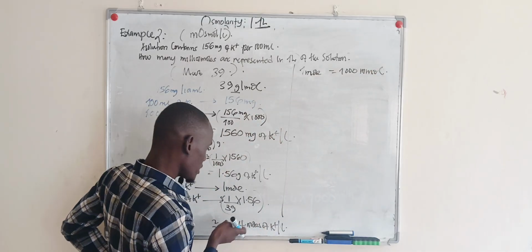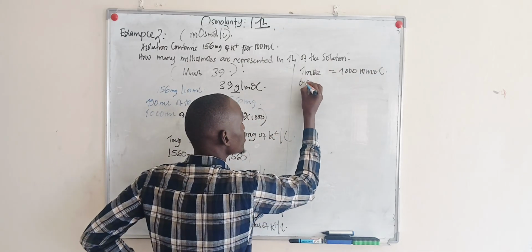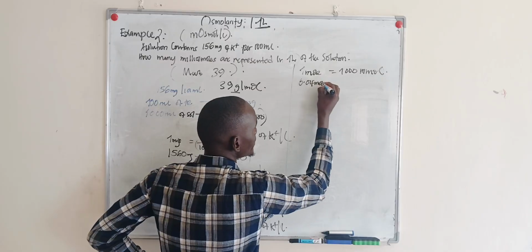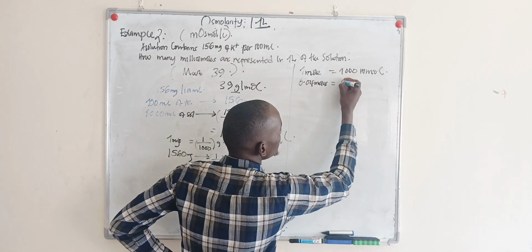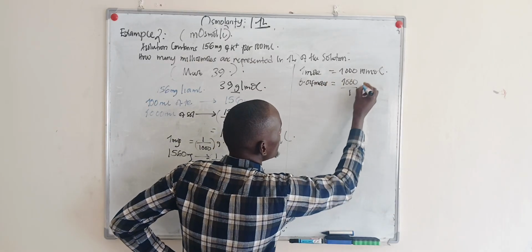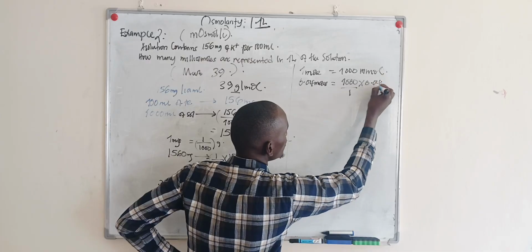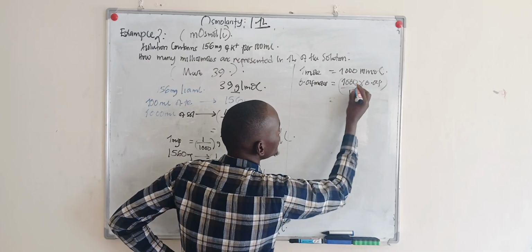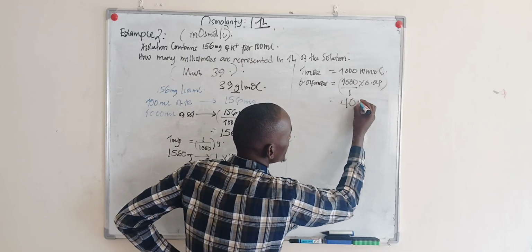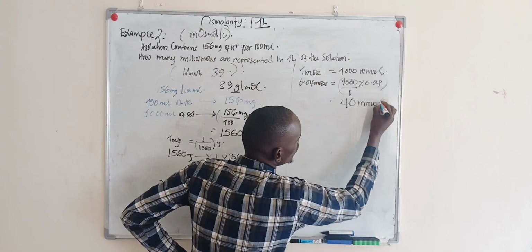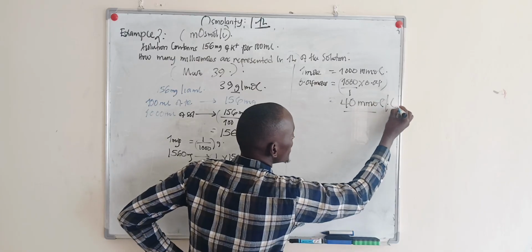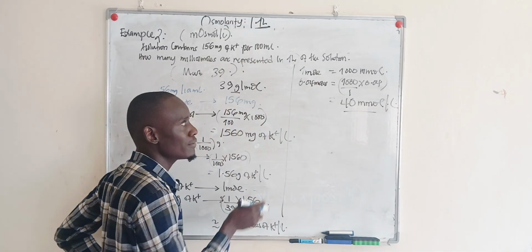How about the 0.04 moles we have obtained here? This will be equal to 1,000 divided by 1 times 0.04. And when we compute this, we shall get 40 millimoles. So we have 40 millimoles per liter of potassium ion.